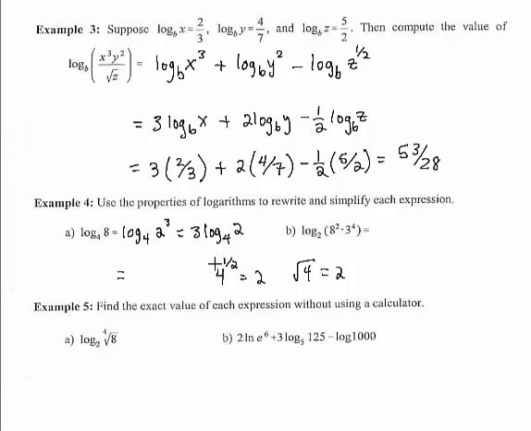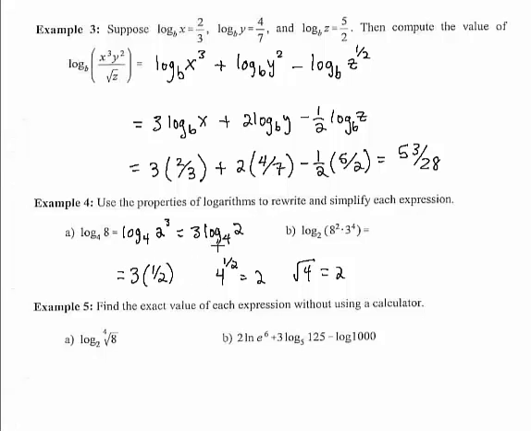Okay, so I can actually calculate this without my calculator as long as you have a decent knowledge of some of the prime factorizations of numbers and some of the square roots of particular numbers, perfect squares like 4. I can rewrite this as 3 times 1/2.